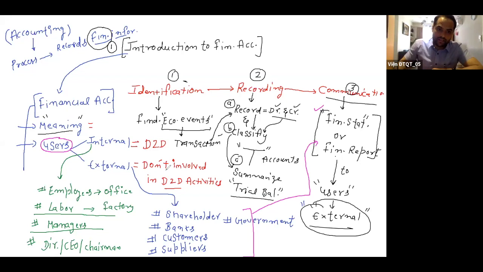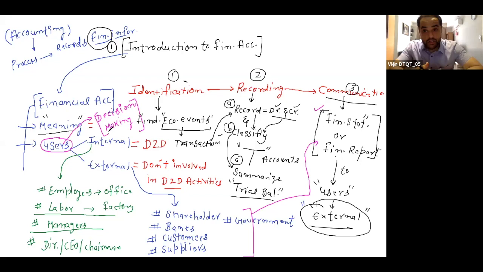The answer is, no matter whether users are internal or external, they need financial information for decision making. In order to make decisions, they need financial information.